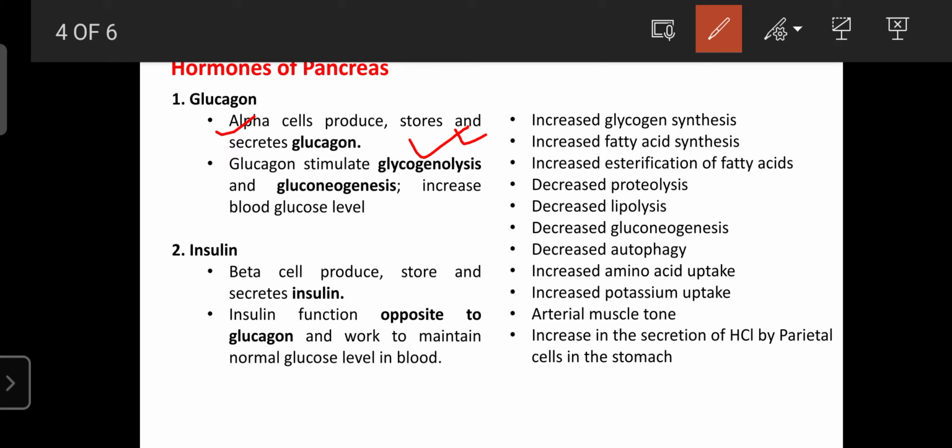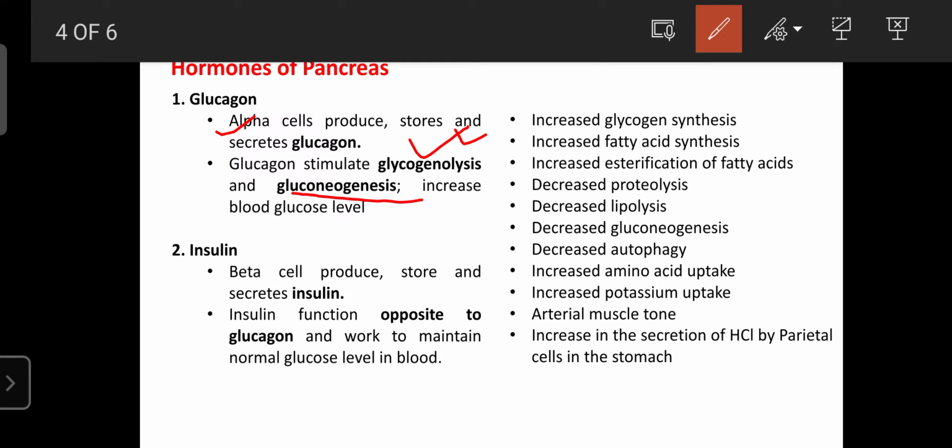And glucagon can also enhance gluconeogenesis, that is the formation of glucose from non-carbohydrate sources, as well as by utilizing certain amino acids. So glucagon increases the blood sugar level by enhancing the gluconeogenesis. Like that, glucagon is helpful for the regulation of the blood sugar level.